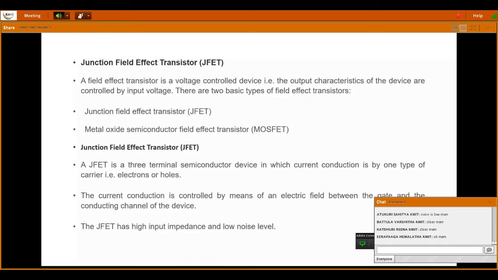MOSFET is also called insulated gate field effect transistor. That we will see later. Now for JFET, there are two to three basic points that we will see. The carriers are electrons or holes.